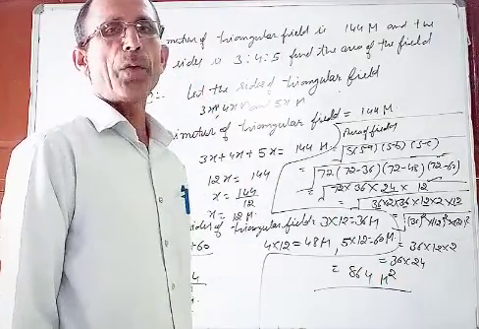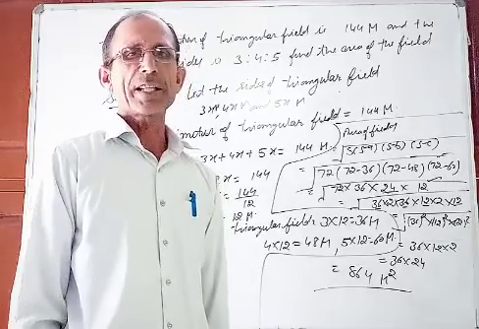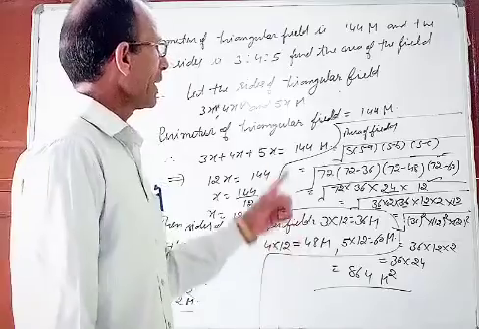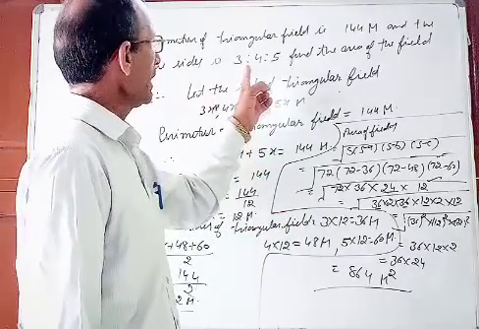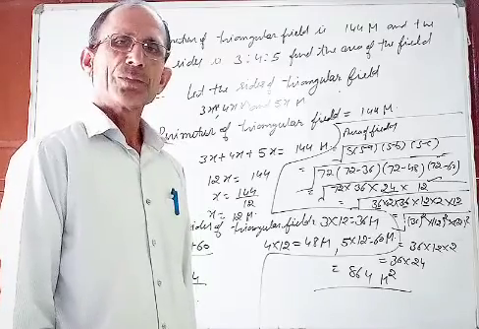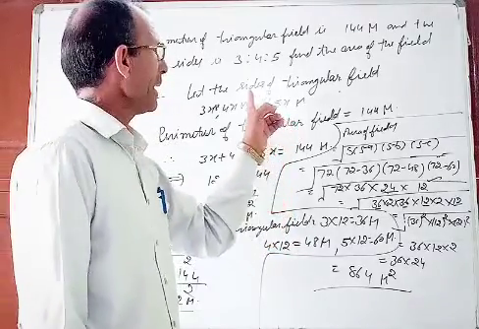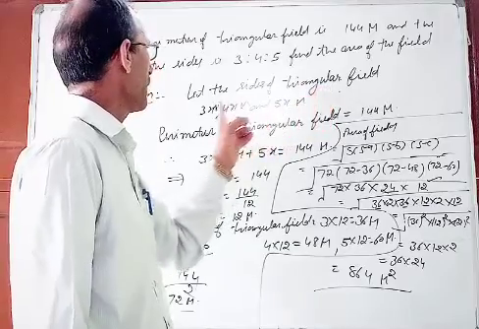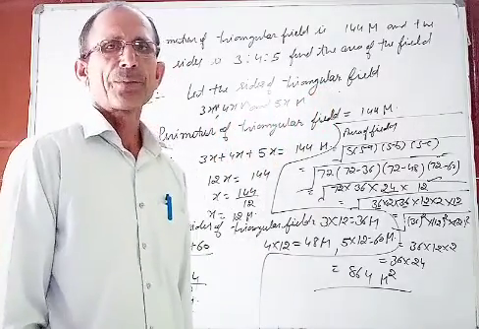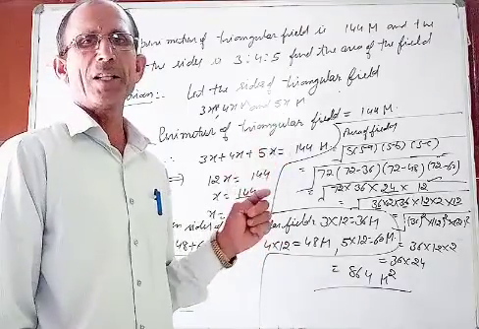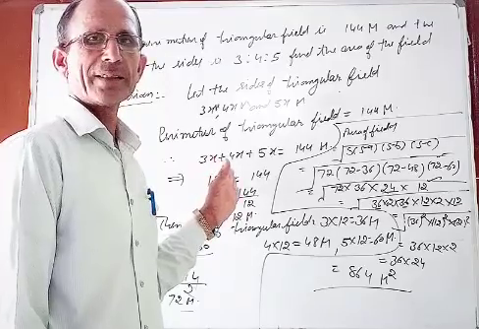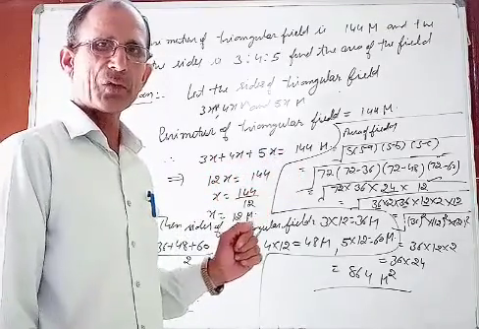So the perimeter of a triangular field is given and the ratio of the sides is also given. What is the ratio of the sides? 3:4:5. So first I assume the accurate measurement, meaning the sides of the triangular field are 3x meter, 4x meter and 5x meter. Because the perimeter is given as 144 meter, if I add all the sides, it will be equal to 144.